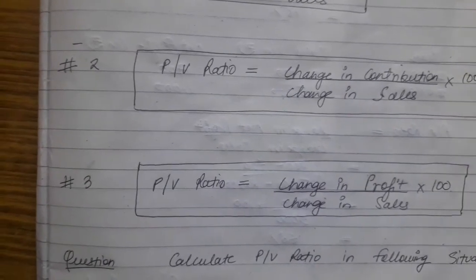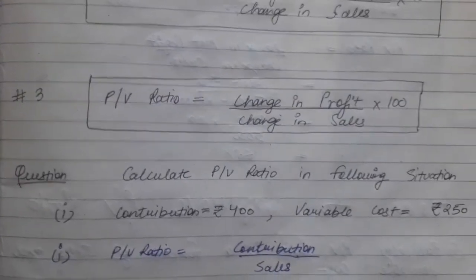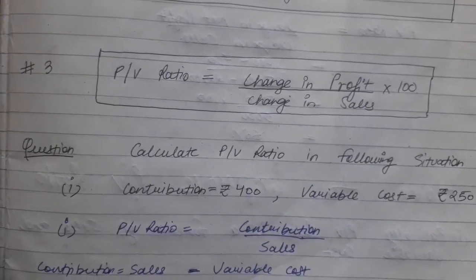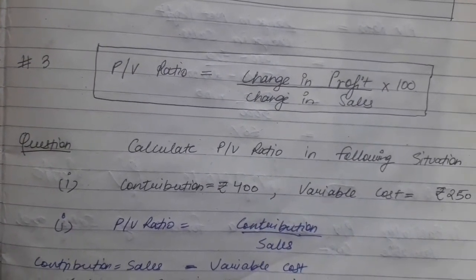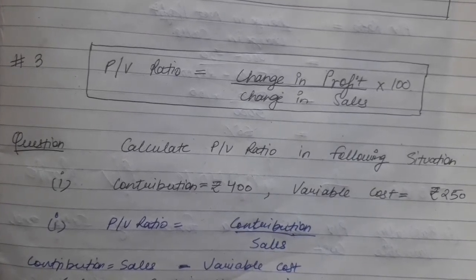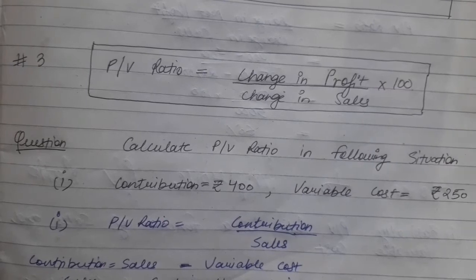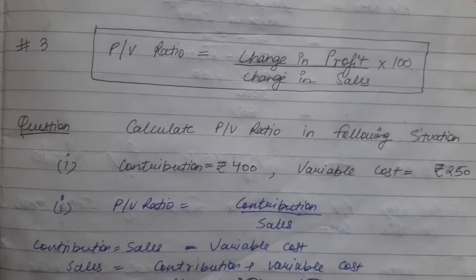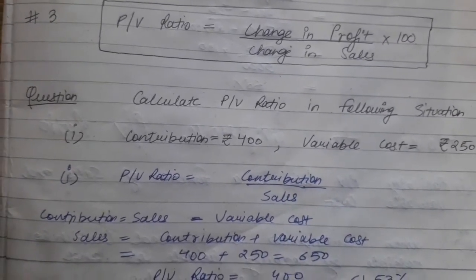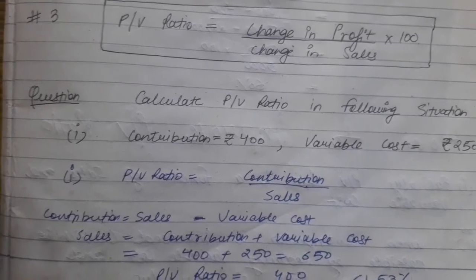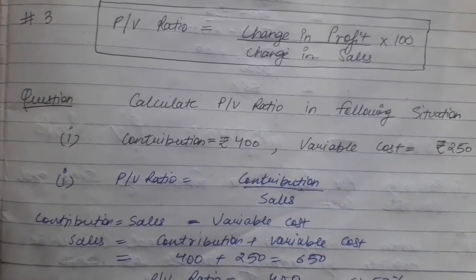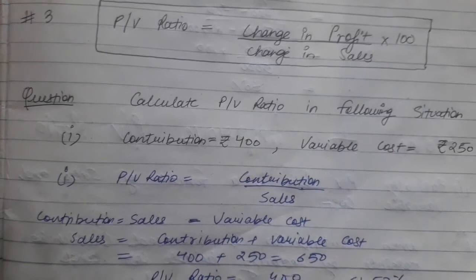So let's calculate the PV ratio in the following situations. In the first question, we are given contribution is rupees 400 and variable cost is rupees 250. By using the first formula, PV ratio is contribution upon sales. But an important thing to note is that we are not given the sales figure. So we will calculate the sales figure by adding variable cost and contribution.